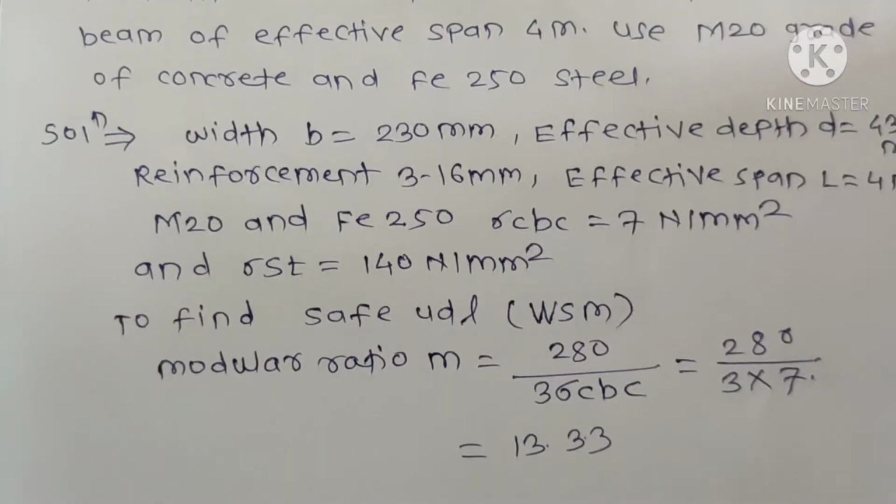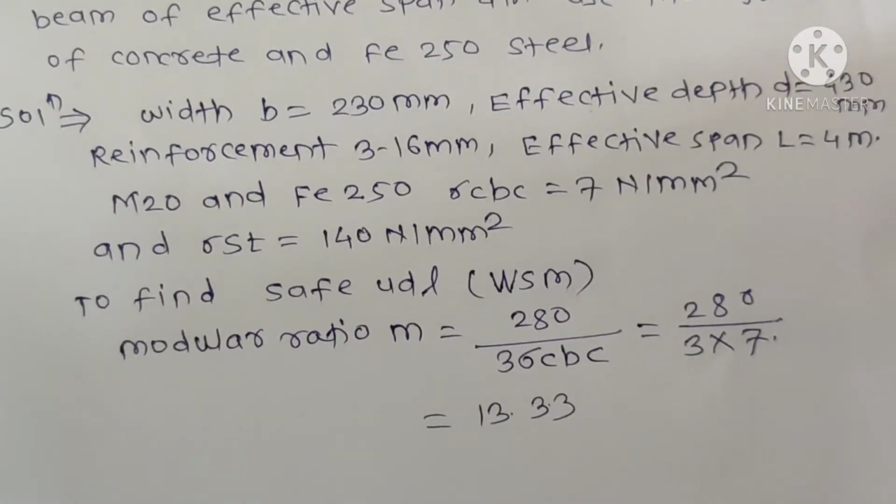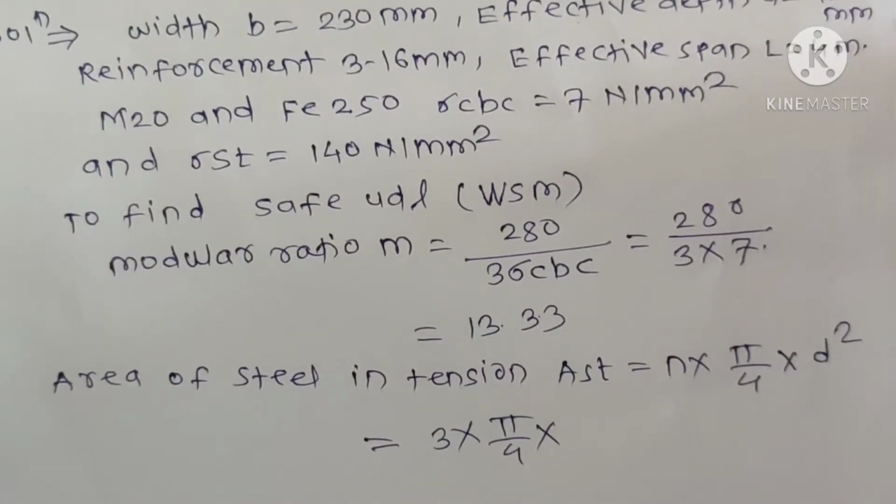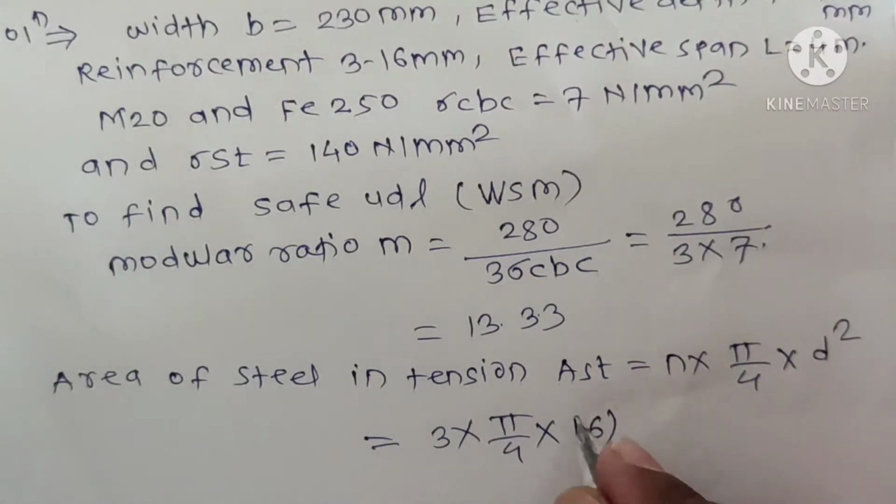This is m. Then the area of steel in tension, AST is equal to n into pi by 4 d square, is equal to 3 into pi by 4 into 16 square.